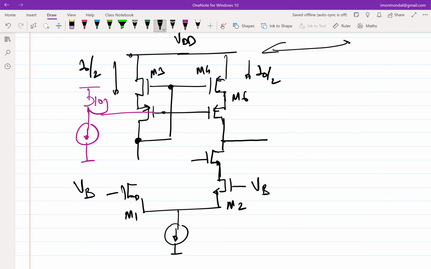And I can put another here, and then I have to figure out what this voltage is, Vcas. Okay, so we'll see how to figure out what is Vcas. But if I do this, even without doing any analysis, let's assume things are getting biased properly. What will be the output impedance now?